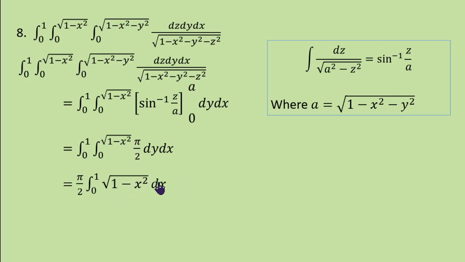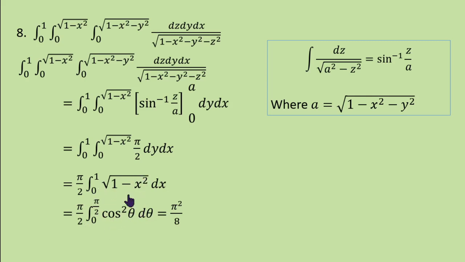So cos theta into cos theta d theta is cos square theta d theta. Limit is from 0 to pi by 2, because x is sin theta means upper limit of x is 1, so sin theta is 1, therefore theta is pi by 2. Hence it becomes pi by 2 into integral 0 to pi by 2 cos square theta d theta.